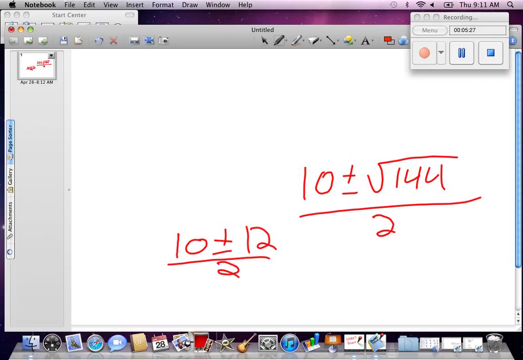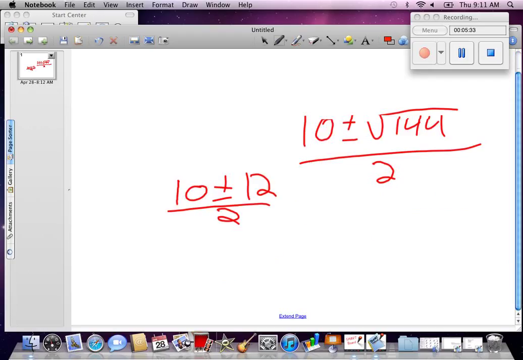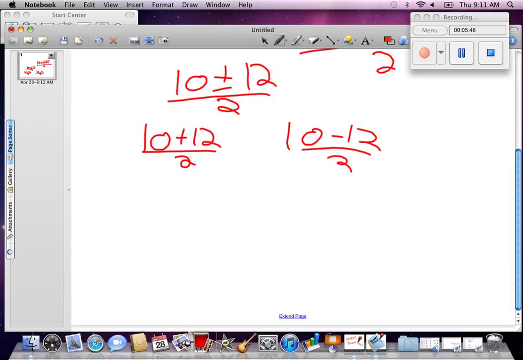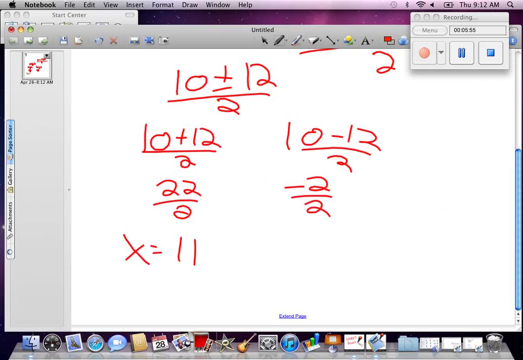Now we have to split it up, and we get 10 plus 12 over 2 and 10 minus 12 over 2. Okay? 10 plus 12 is 22 over 2. 10 minus 12 is negative 2 over 2. You're going to get x equals 11 and x equals negative 1.